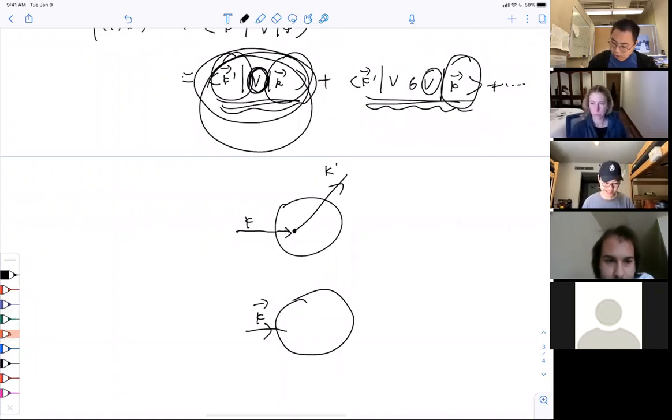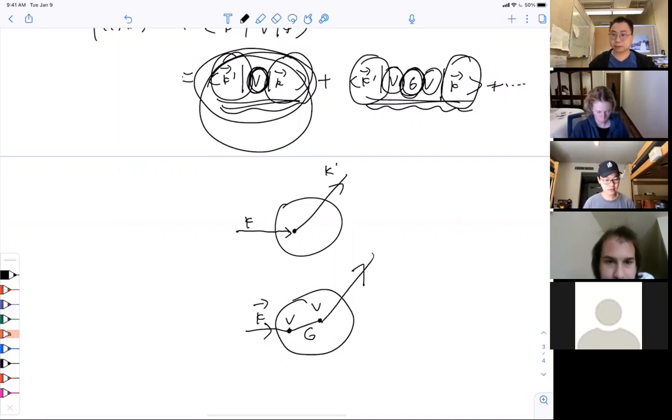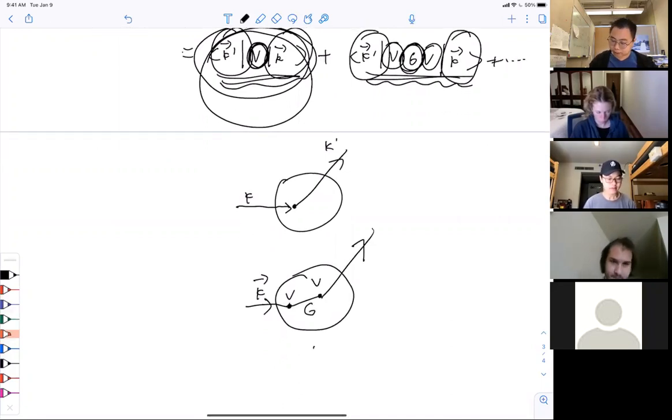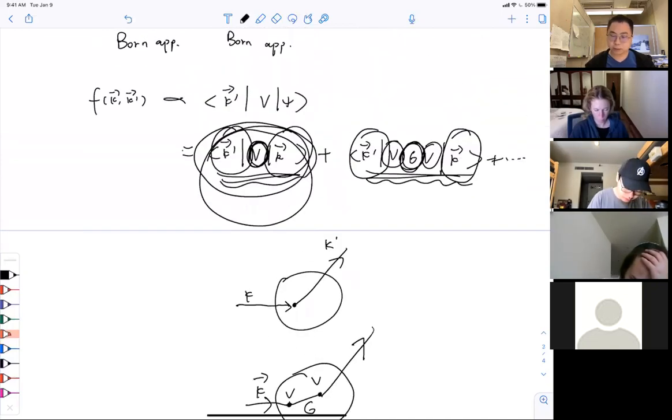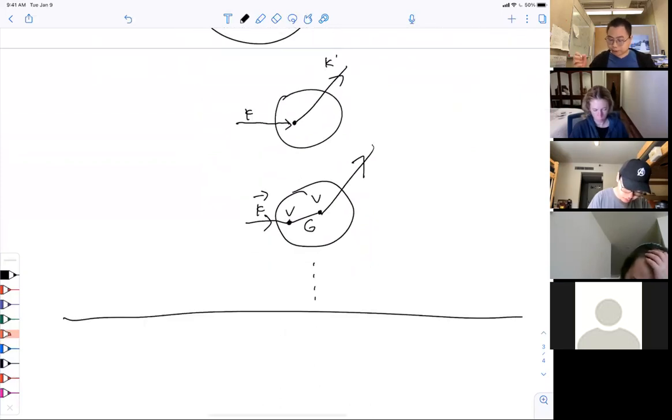You encounter a scattering potential V, and then you freely propagate for some time, which is a free propagator G, and then you encounter a potential V, and then you scatter out. Right? And you can keep going, adding more terms, and the physical process is the same. That's all I want to say about the Born approximation.